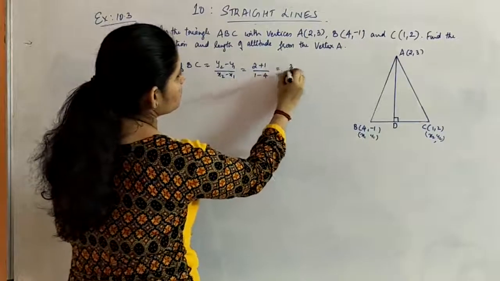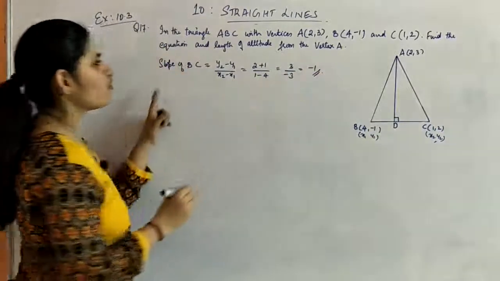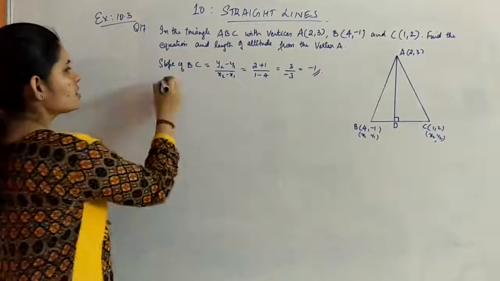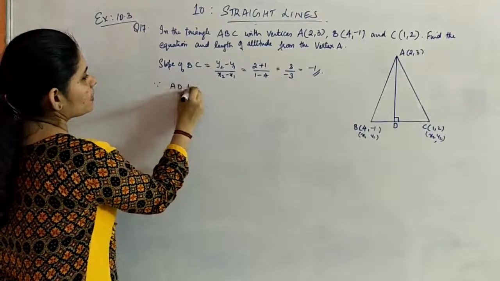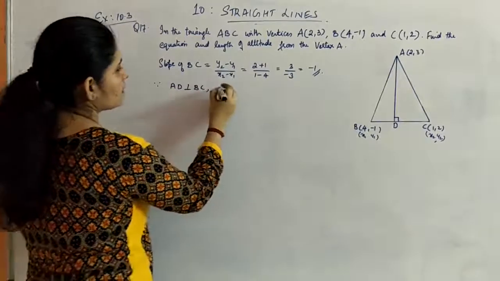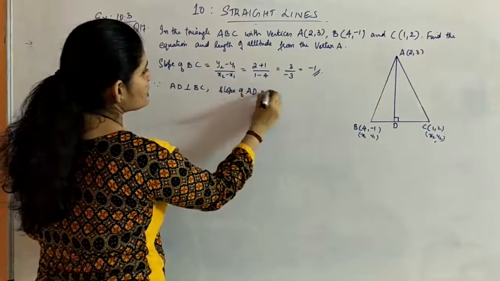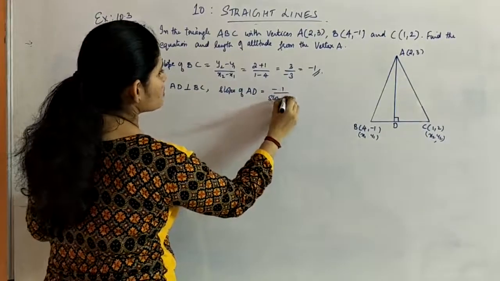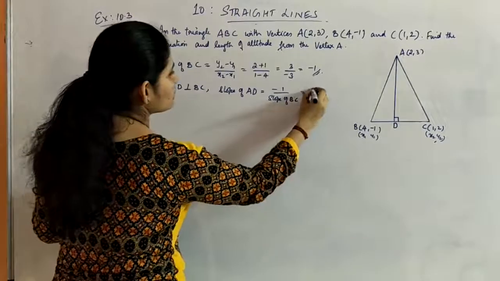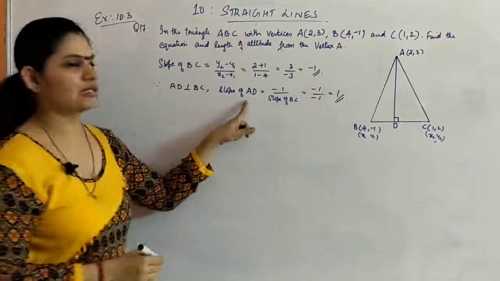So you'll get 3 by minus 3, which is equal to minus 1. So slope of BC is minus 1. Now since AD is perpendicular to BC, slope of AD is equal to the negative reciprocal of slope of BC. So you will have minus 1 by minus 1, which is equal to 1. So slope of AD is 1.